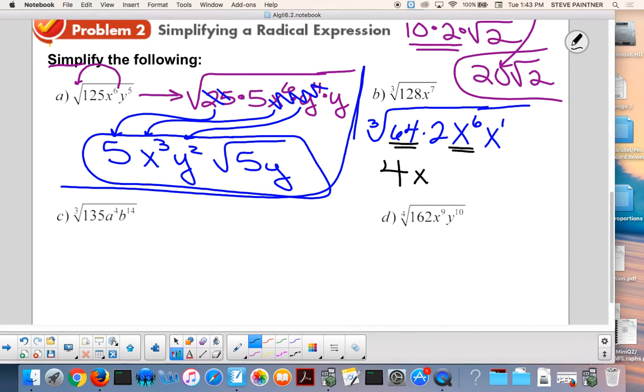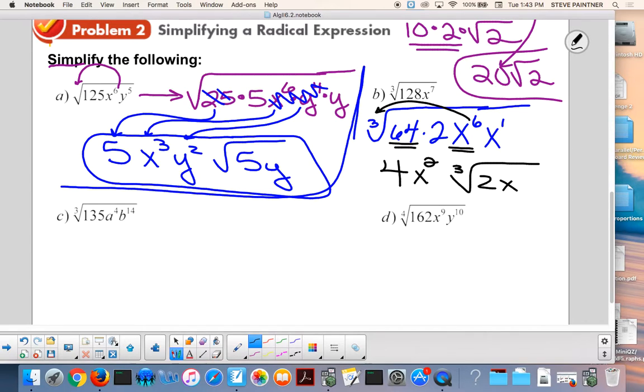X squared. It's just 6 divided by 3. The rest of them you don't know, so you leave them in there. Cube root of 2x. The 2 I don't know and the x I don't know. 4x squared times the cube root of 2x. Good?